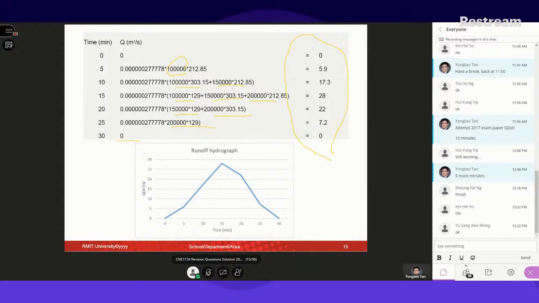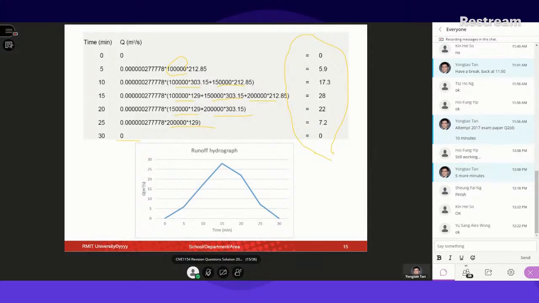Next, this afternoon, after we have 1 hour for lunch, we'll move on to routing. This morning we introduced the time area method, how to get the inflow hydrograph.